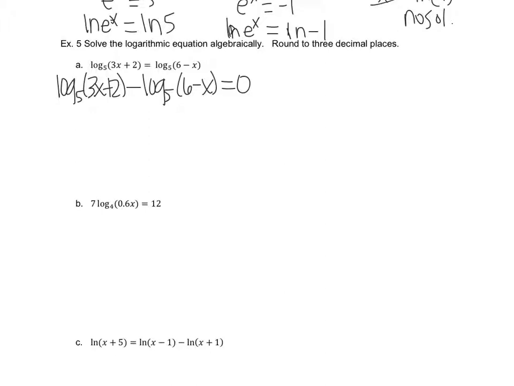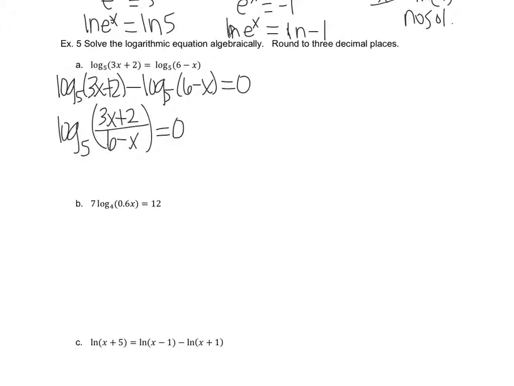And so remember, that minus sign means that I'm dividing. So when I write this as one log, I've got log base 5 of 3x plus 2 divided by 6 minus x equals 0. So I've compressed it down to where I only have a single log.